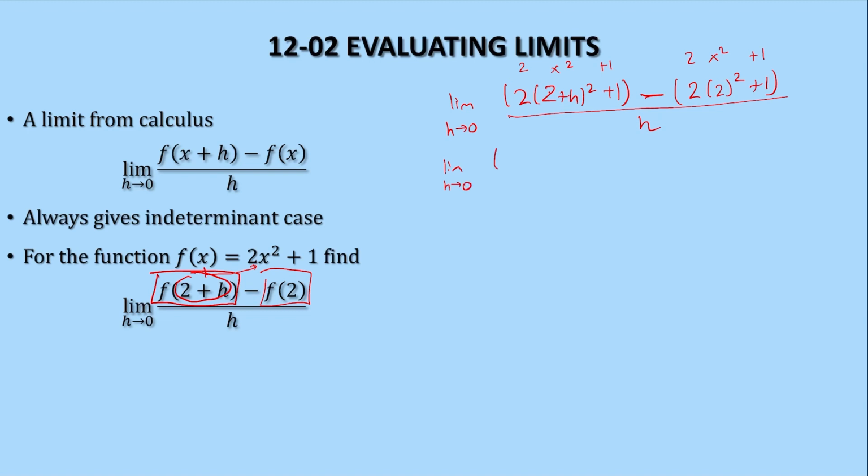Okay, let's do some simplifying. 2 plus h squared, using the binomial theorem. And this would become 2 squared is 4 times 2 is 8 plus 1 is 9. Just keep simplifying. We can distribute.